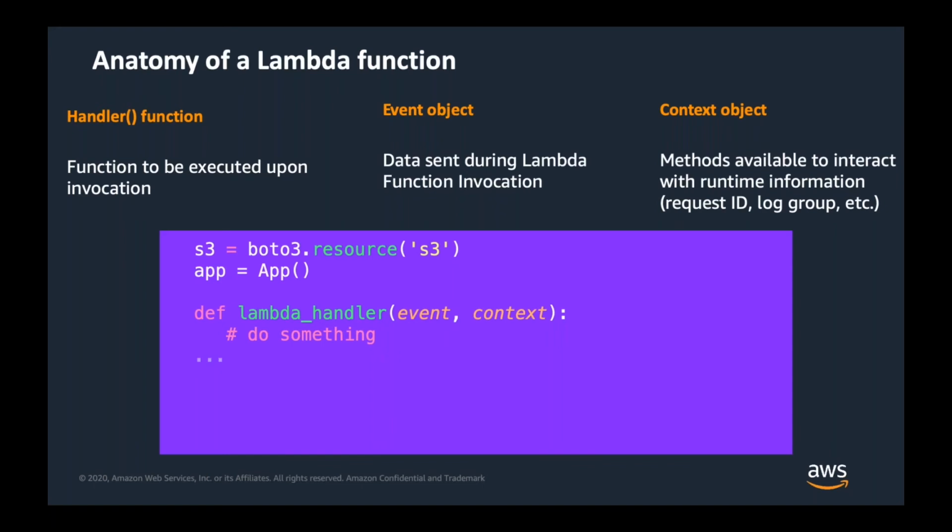So for example, the content of an API request, the item on an SQS queue, the location of a file on S3, things like that. Finally, there is a context object. So when Lambda runs your function, it passes this context object to the handler. This object provides methods and properties that provide information about the invocation, the function itself, and the underlying execution environment.